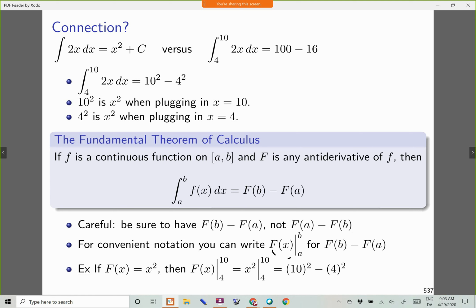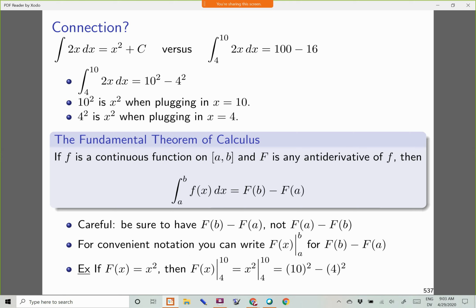Then this notation, if you write capital F of x, vertical bar, 10 above, 4 below, that's notation for capital F. I'll just replace the capital F with x squared first. So x squared, vertical bar, 10, 4. And then this, explained here, is take your function, plug in the upper number first, the b, in this case 10, then plug in the lower number 4 next.